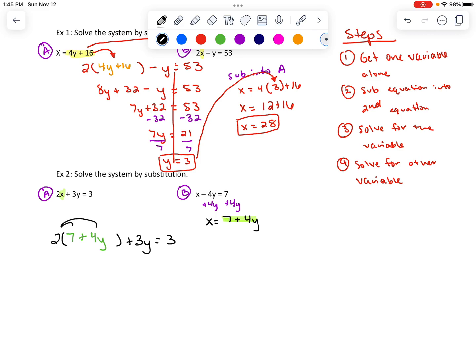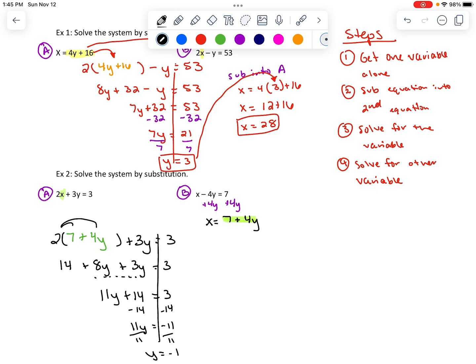I distribute. So I have 14 plus 8y plus 3y equals 3. Combine my like terms, they're on the same side of my equation. So I have 11y plus 14 equals 3. Minus the 14. 11y equals negative 11. Divide by 11, y equals negative 1.